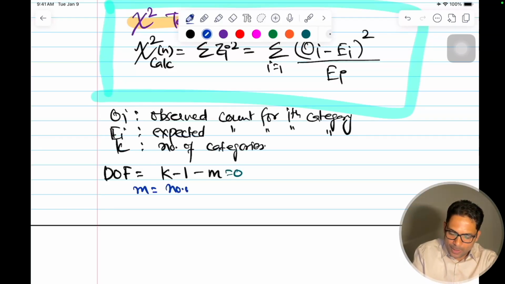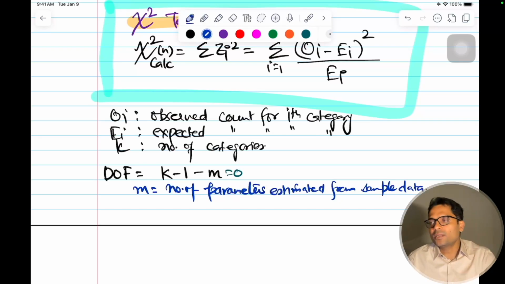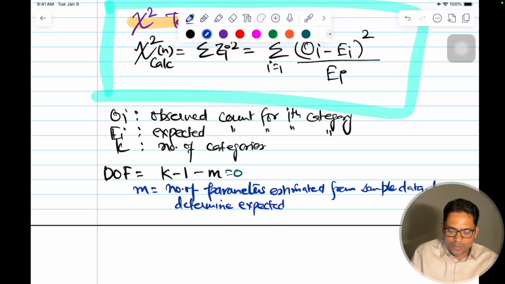This is the number of parameters estimated from sample data to determine the expected probability distribution.